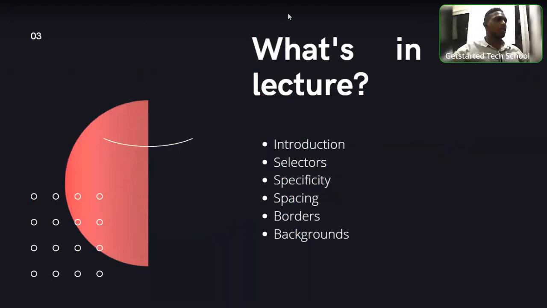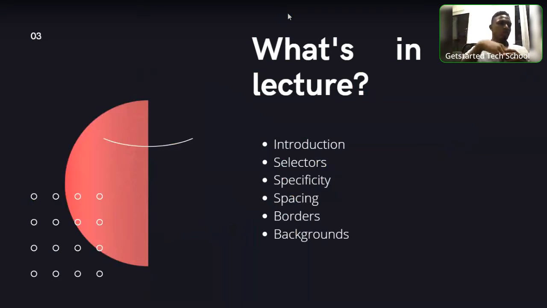Okay. Selectors. By selectors, I mean how do you pick a HTML element? How do you select the HTML element you want to style? By specificity, I'm talking about the order of precedence when it comes to style sheet or styling a HTML element.